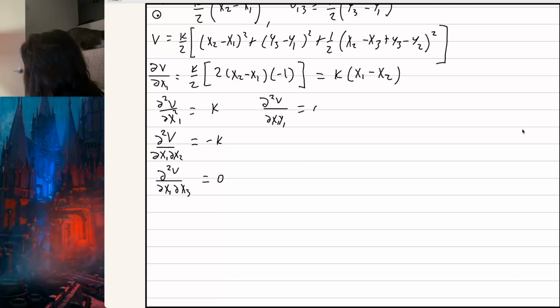All of these cross terms are 0. I'm going to write them kind of quickly, so sorry if you missed them. Basically, all of the ones that aren't in this little equation here become 0.